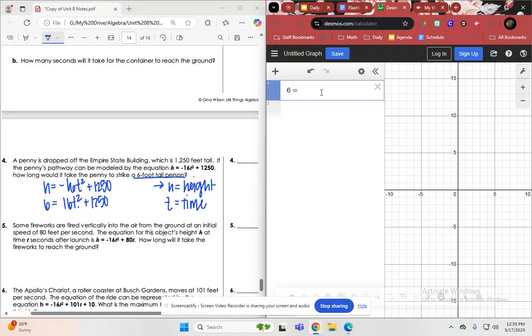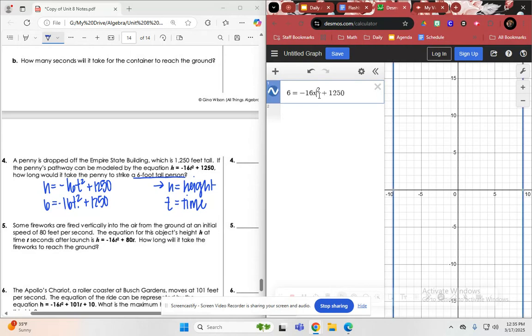So I'm going to have 6 equals negative, oops, forgot my negative, negative 16t squared plus 1250. I am going to get an error, so let's go ahead and change this t to an x.